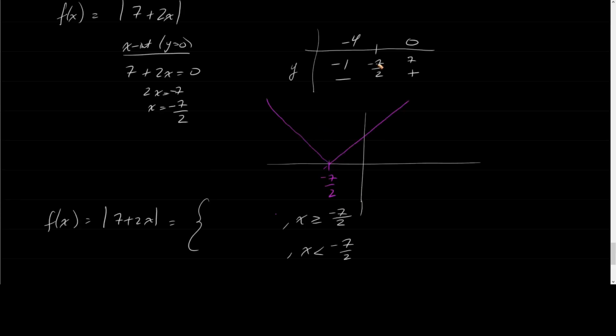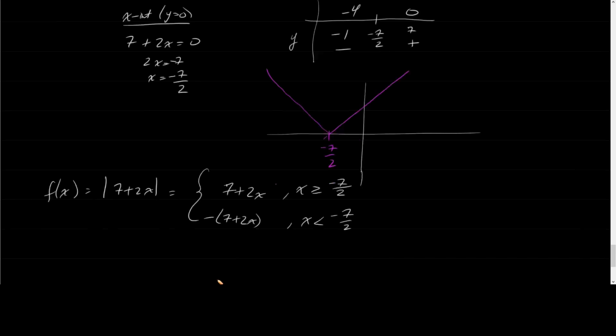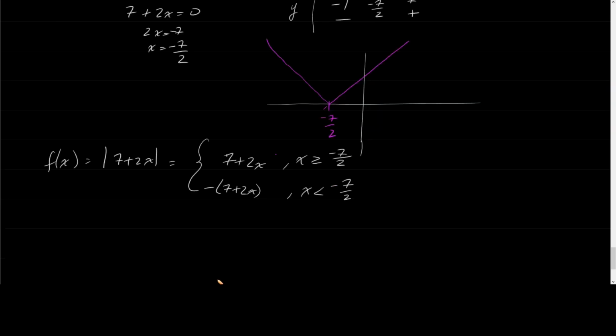And we said that to the right of it, it's the positive values already, so we're going to leave those as they were, 7 plus 2x, without changing anything. But to the left of it, that's what's being negated, all right? So that's the part that you put a negative in front of. And that is absolute value functions overall.